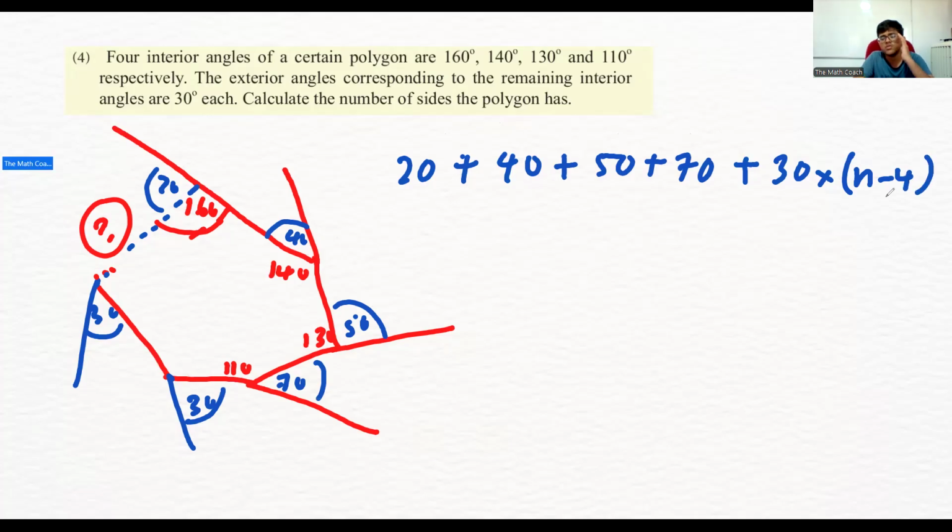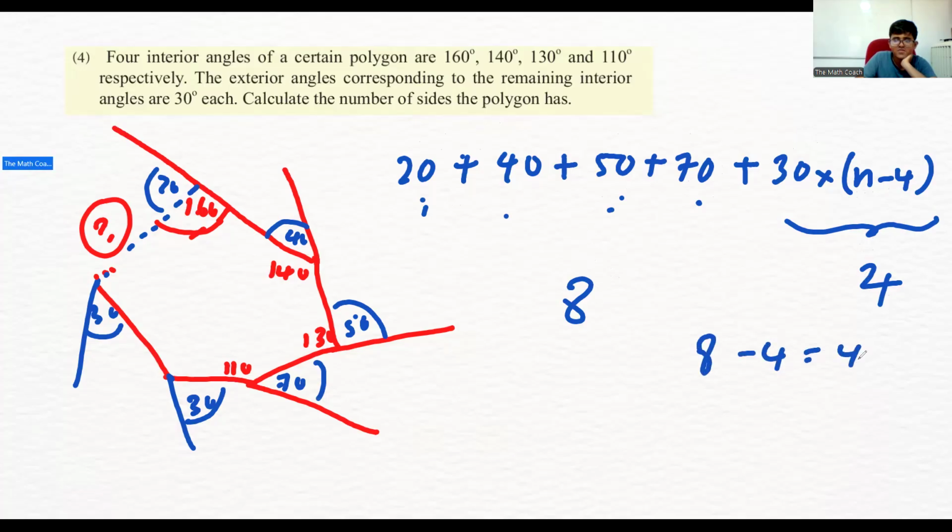Because we have a total of n sides, and these are the angles of the other 4 sides. For example, if we have 8 sides, 4 are known and the rest must be 30 times 4, since 8 minus 4 is 4. It's the same thing here.